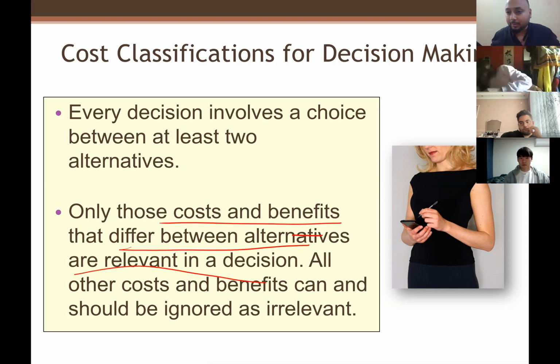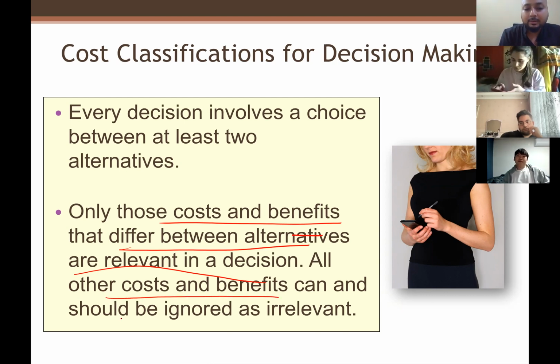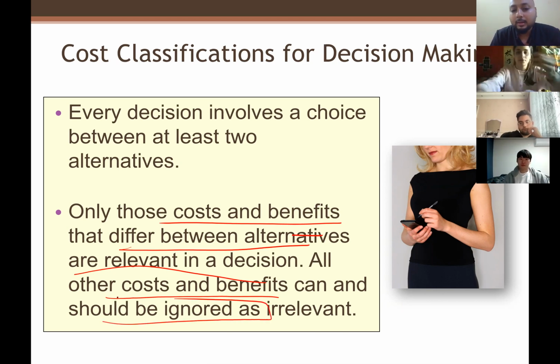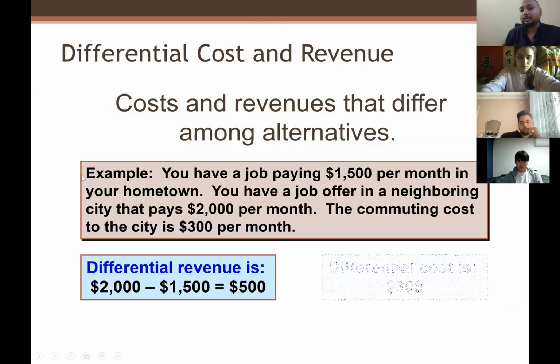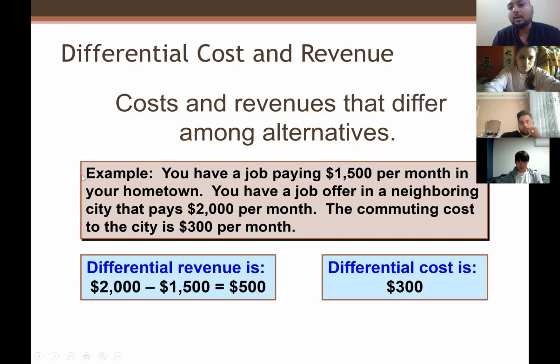It should be skipped from the decision making parameters. All other costs and benefits can and should be ignored as irrelevant, right? So we'll just talk about differential cost and revenue, costs and revenues that differ among alternatives. Let us just talk about that differential cost.